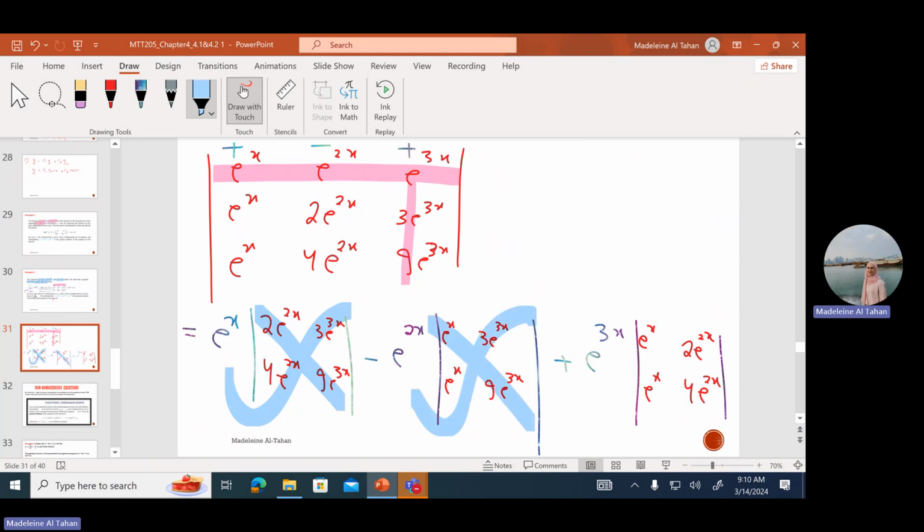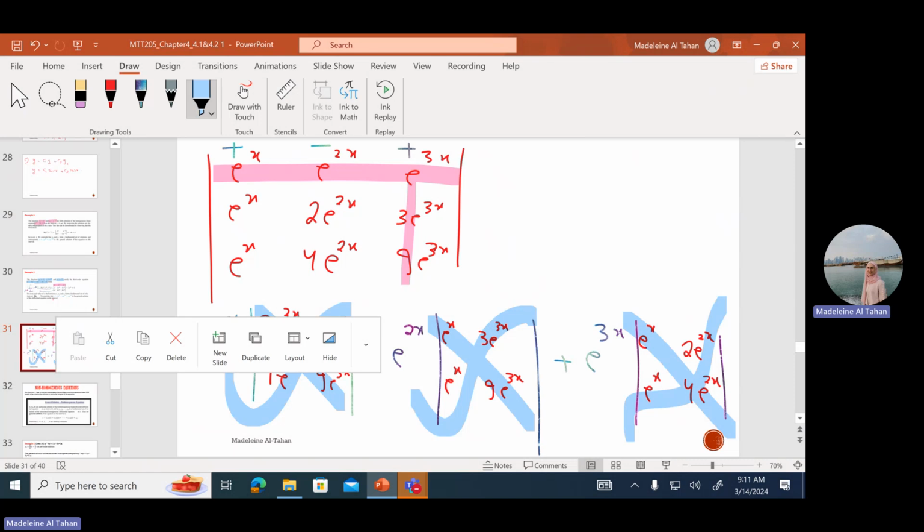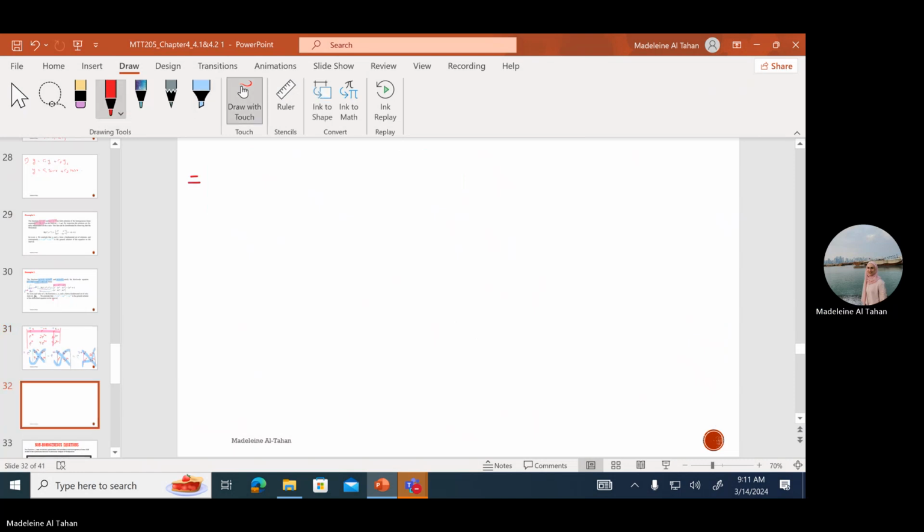This one, AD minus BC, AD minus BC. So the first one, e^x into AD minus BC: 2e^2x times 9 means 18 e^2x e^3x, minus 12 e^2x e^3x.